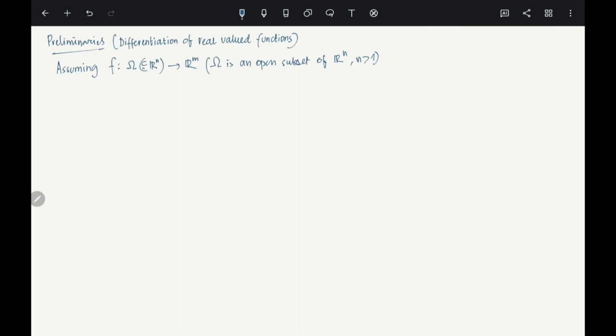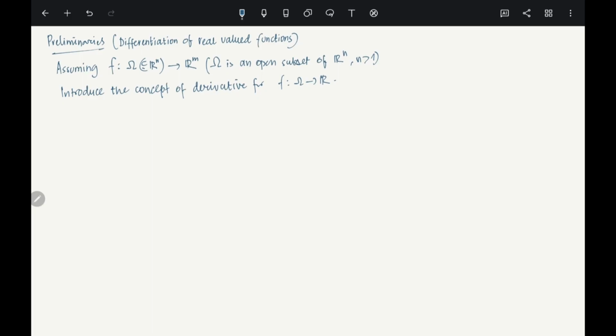So f is a function from Rn to Rm, and first of all we will introduce the concept of derivative for a real valued function f from omega to R. Once we do that, we will see that we can do the exact same thing for Rn. So let me first introduce this concept, and then we will go to the other part.